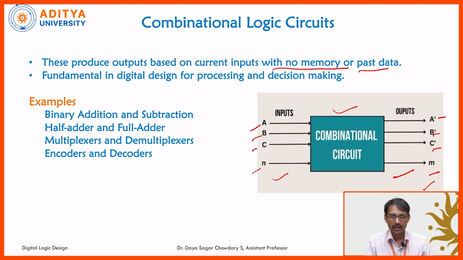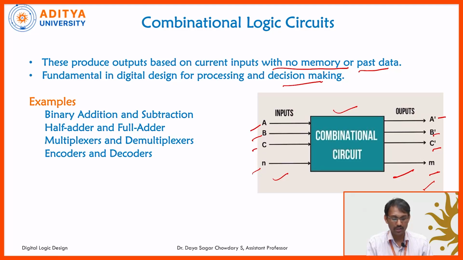This is common to all combinational circuits, and fundamental in digital design for processing and decision making. Most of the time we use combinational circuits as adders and subtractors for the calculation part, and for encoders, decoders, multiplexing and demultiplexing concepts we use them for decision making. This is the fundamental block diagram for these operations.